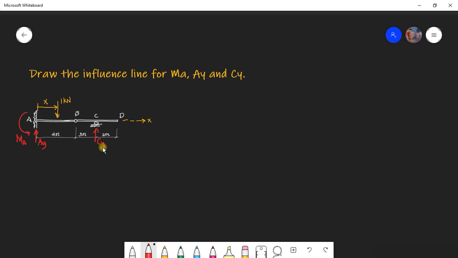For CY, let's isolate the member BCD, with 3 meters and then 2 meters.